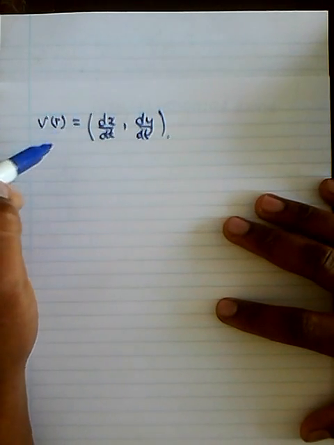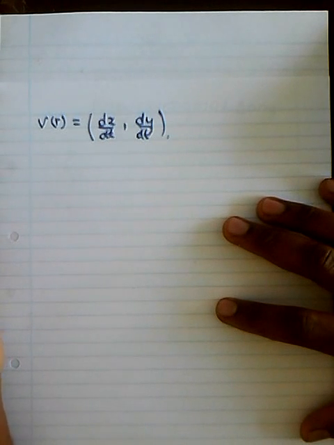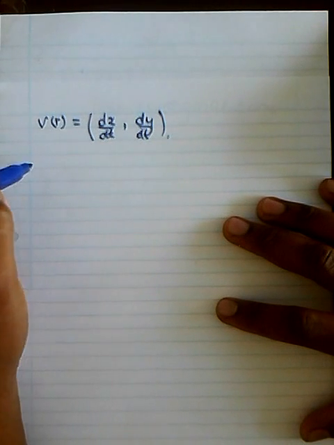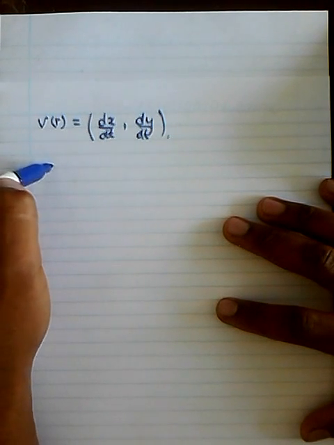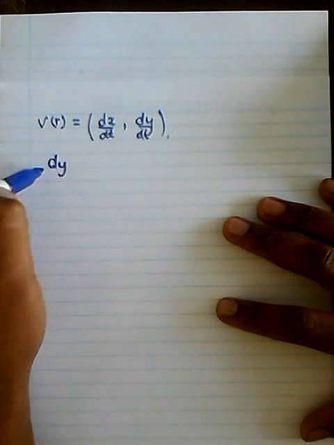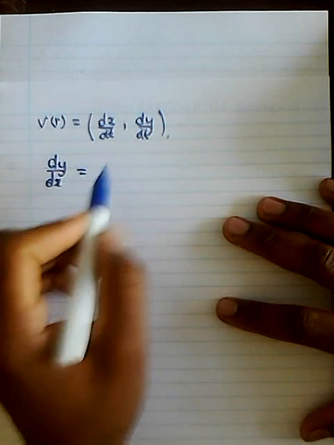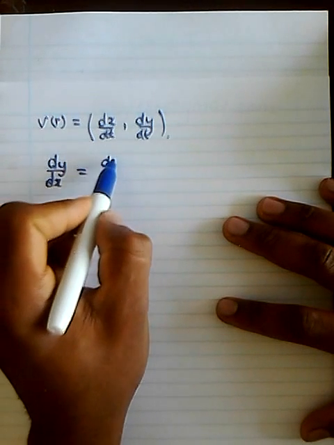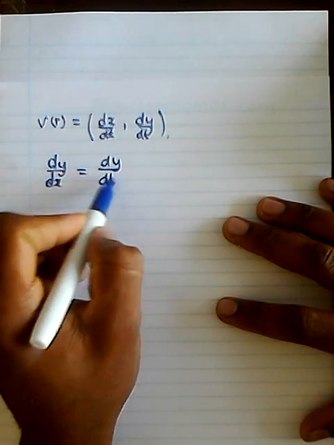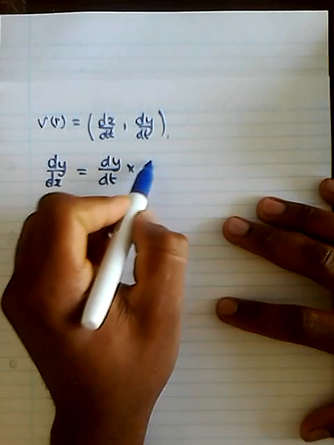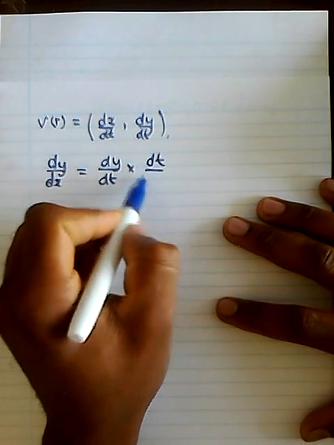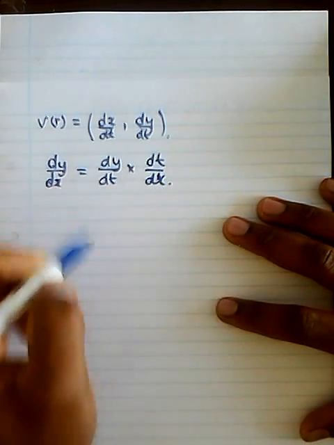Now to determine our trajectory, we actually have to solve the equation dy/dx, which is the same as saying dy/dt multiplied by dt/dx by chain rule.